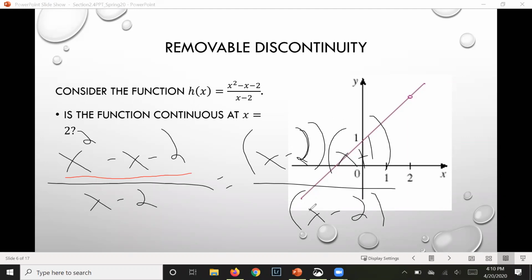X minus 2 times x plus 1, is that the same as x squared minus x minus 2? I think that it is. And notice then I can cancel out the x minus 2, so then I get that this function comes out to be x plus 1. And that function, x plus 1, is continuous at x equals 2, right? I can go ahead and just plug 2 in there and also check that the limit exists and that the limit equals what I get if I input 2 into the function, right?